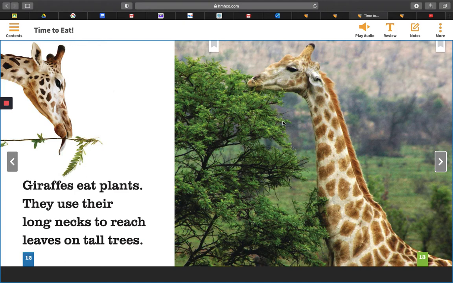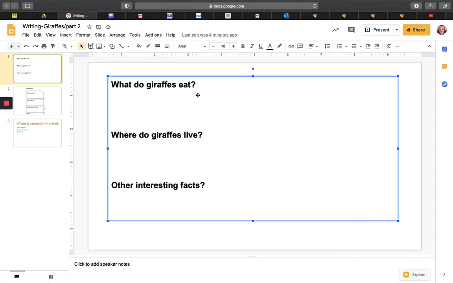So this information answers the question of what giraffes eat, and I should write this down. Giraffes eat plants. They use their long necks to reach leaves on tall trees. I should write that down. So I would go to where I have my question, what do giraffes eat? And I should write that.